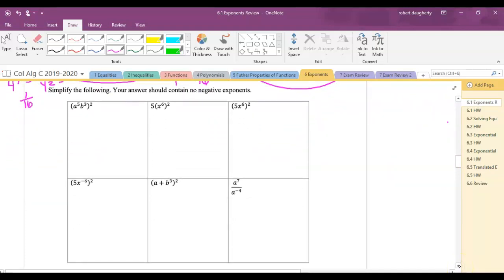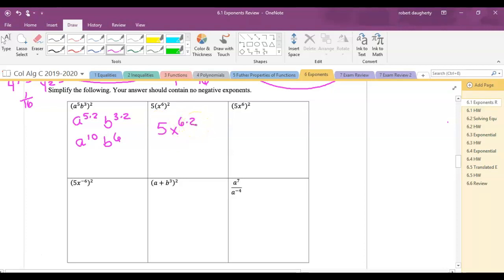So let's do some operations here. I've got multiple things that are raised to exponents. So this is a to the 5 times 2, b to the 3 times 2. This is a to the 10th, b to the 6th, okay? In the next one, I've got 5x to the 6 times 2.